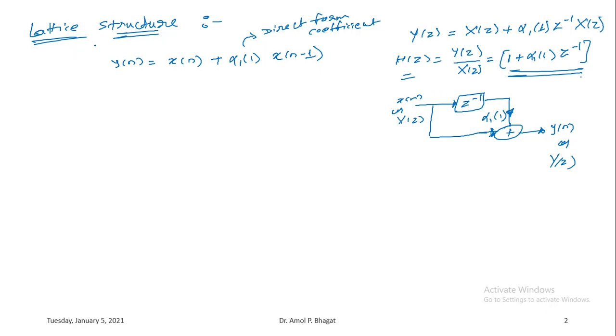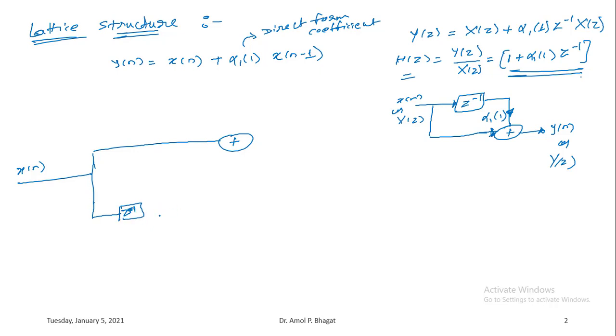So in case of lattice structure, this direct form equation can be represented with input x of n. It can be realized by using single stage lattice structure, where we will be using two adders, then one delay element, that is z inverse.